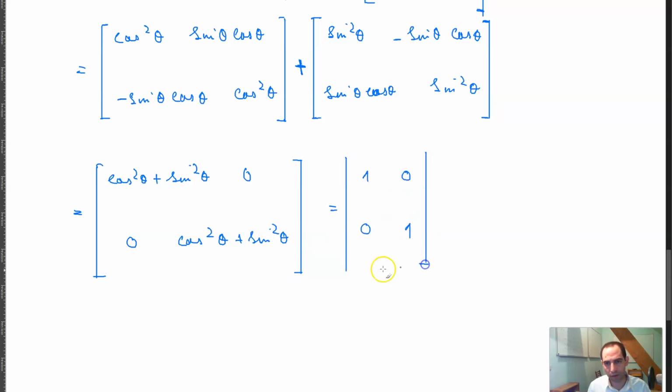Let's say that's an identity matrix of order 2. That's equal to I. Okay, so that was question number 6.